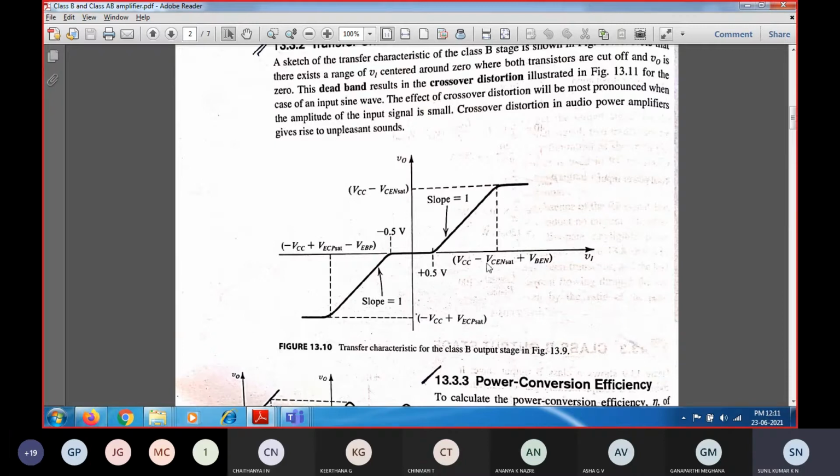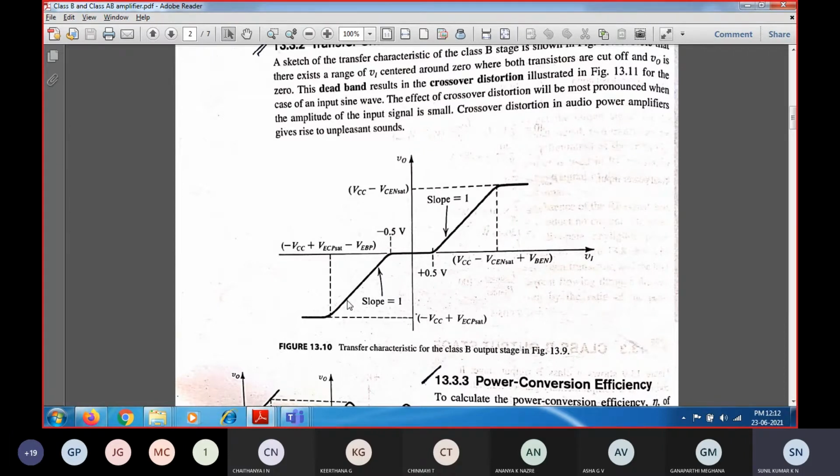Now when the input signal is in the negative half cycle, that is, whenever the input signal goes less than 0, minus 0.1, minus 0.2, minus 0.3, like that. Whenever the input voltage goes in the negative direction beyond minus 0.5, that is minus 0.6, minus 0.7, like that, then your output slowly increases with respect to the input, and hence you can see a slope equal to 1.